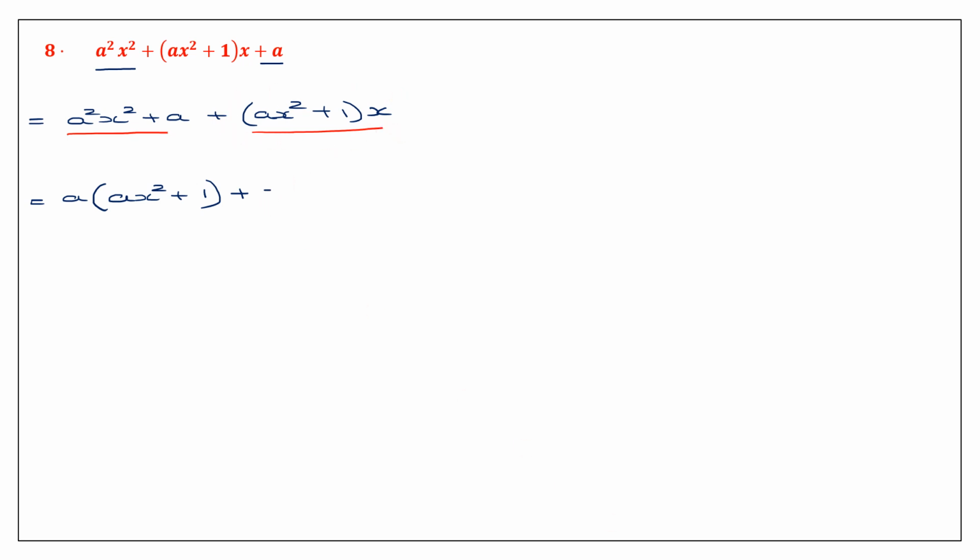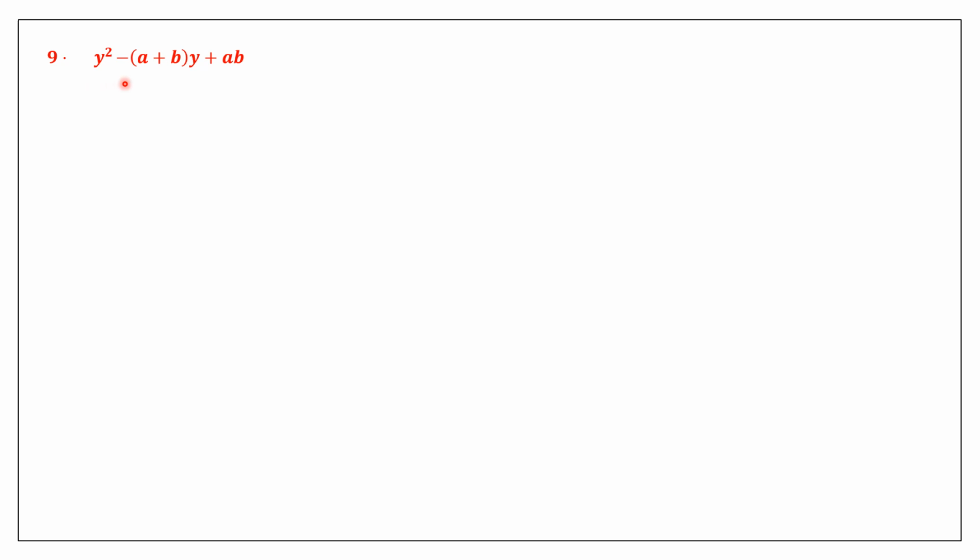So that is x into a x square plus 1. So as you can see, we have the common factor here and we have a plus x outside. So let's write the common factor a x square plus 1, which is common, and the other factor, which is a plus x. So we have our answer ax square plus 1 into a plus x.